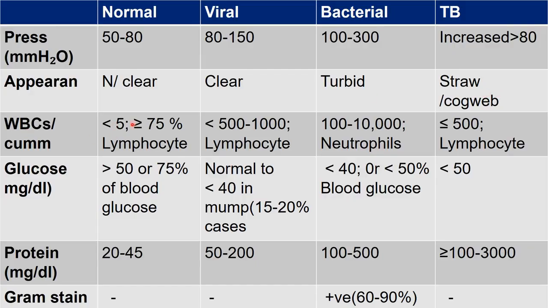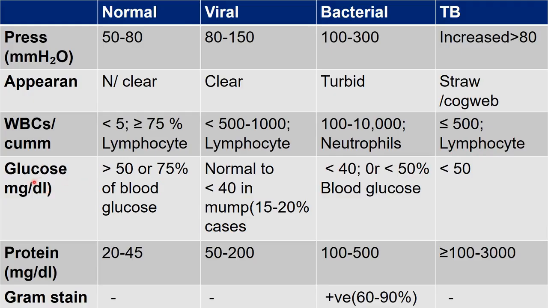And the normal WBC is less than 5 per cubic millimeter, where more than 75% are lymphocytes. In viral, the WBC is 500 to 1000, and lymphocytes are predominant, whereas in bacterial it is 100 to 10,000, and predominantly neutrophils are found, and in tuberculous less than 500, and lymphocytes are predominant.